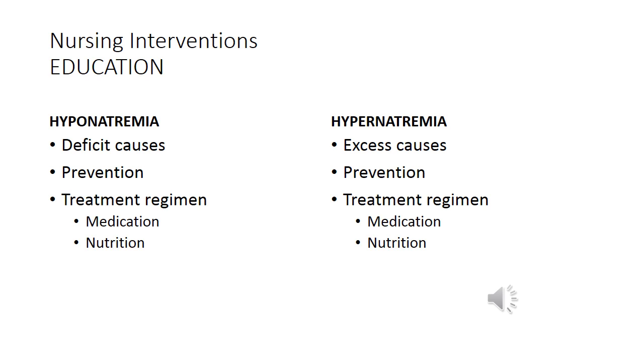Instruct the patient to avoid medications that contain sodium, such as Alka-Seltzer or Bromo-Seltzer. Whether the patient is diagnosed with a sodium deficiency or a sodium excess, instruct both the patient and the family to notify the primary health care provider if the patient exhibits signs or symptoms of hyponatremia or hypernatremia.